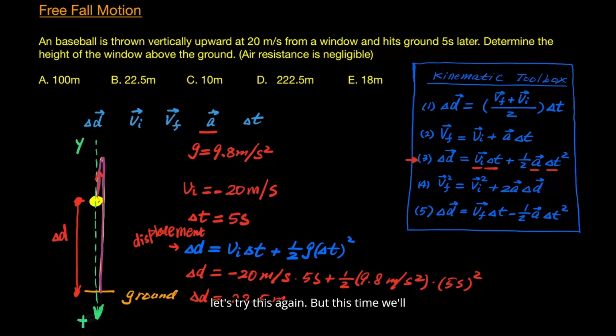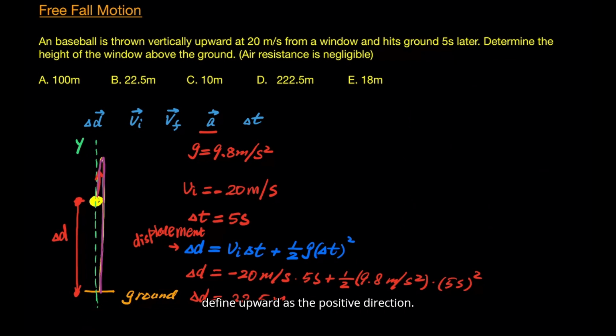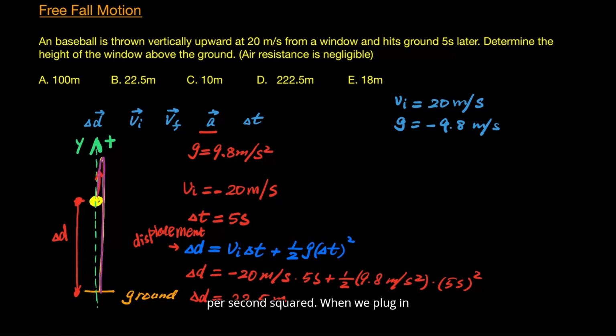Okay, now let's try this again, but this time we'll define upward as the positive direction. And this is going to change the signs of the variables. Since our initial velocity is pointing up, which is in the same direction as our positive y direction, this time vi is positive 20 meters per second, but gravity always pulls down, so the acceleration becomes negative. So g is negative 9.8 meters per second squared.